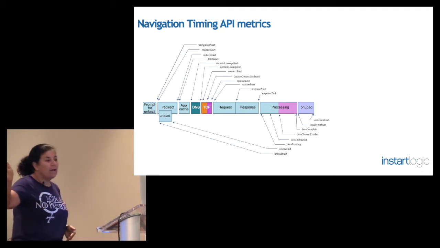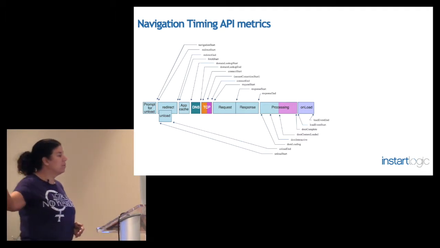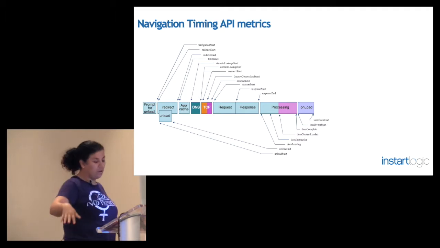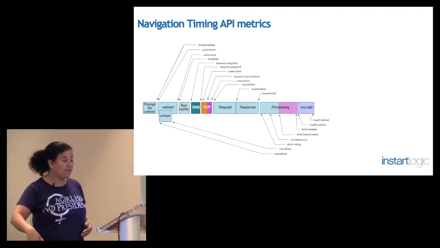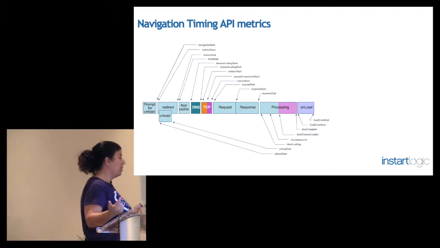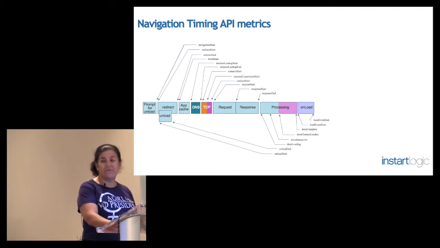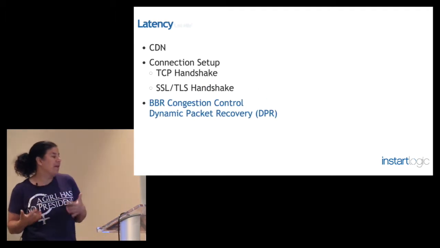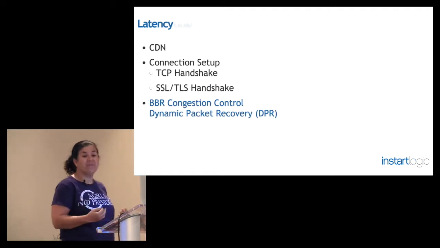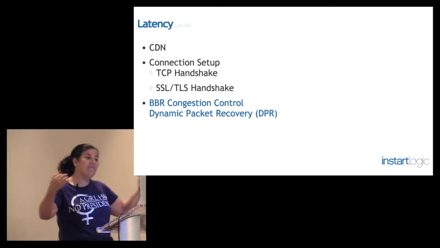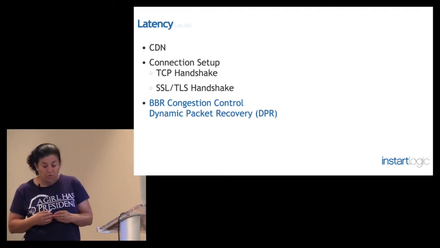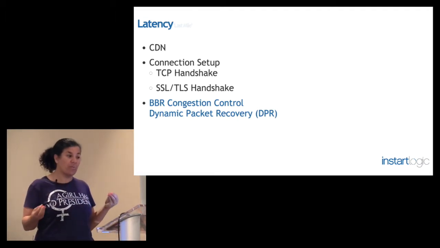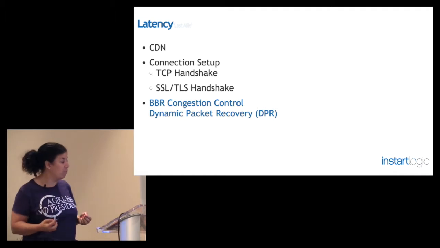Because when you're looking at a web page test or the chart in dev tools, these are the colors that the browsers are using and that web page test is using. So this is to help people understand those charts. So latency is improved by using a CDN because you can have your assets closer to where the person is. So that's something that most people know about.